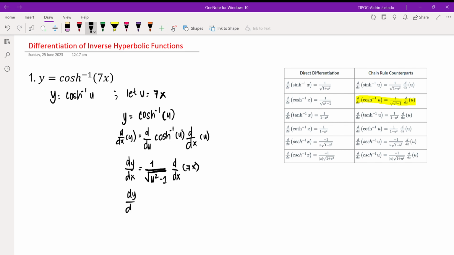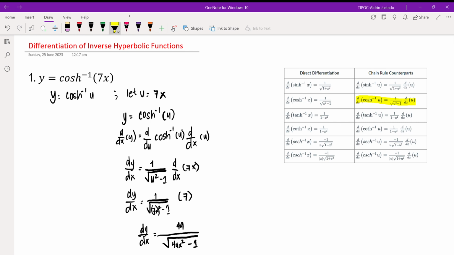times the derivative of your u, which is 7x. dy over dx equal to 1 divided by square root of 7x squared minus 1. The derivative of this is 7. So we have dy over dx equal to 49 divided by square root of 49 squared x squared minus 1.